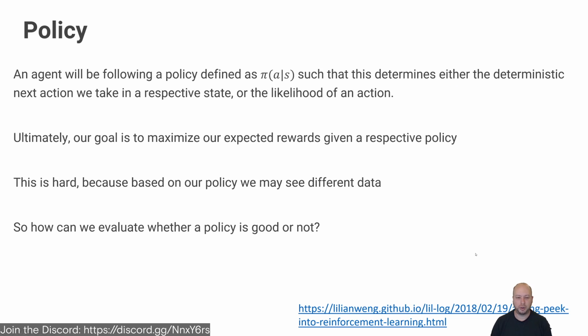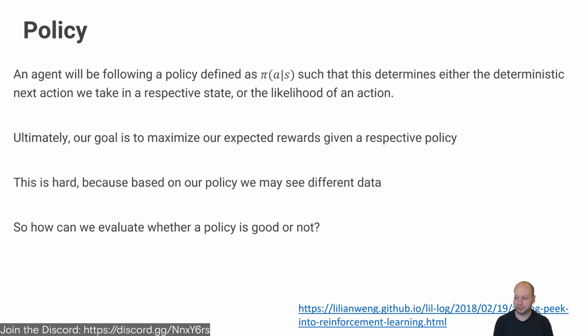As we talked about, a policy is a function of the state that we're currently in, and it's a probability distribution across what action we should take given a particular state. A good policy will allow us to maximize the rewards that we see over a period of time, as we'll talk about in the next few slides.